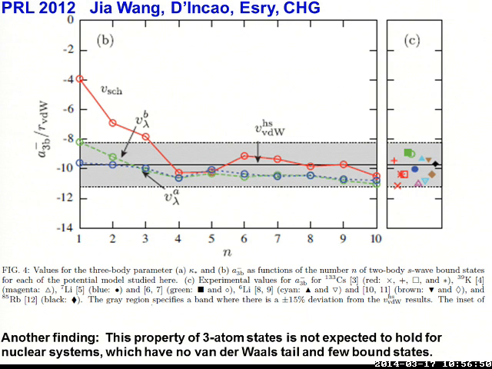Maybe just to add one thing to this. The funny thing for the Lennard-Jones potential is that it doesn't matter how many bound states you have, the effective range is always the same. There's a universal relation between the scattering length and the effective range. So for the Lennard-Jones potential, all these energies have exactly the same effective range, which means they have the same Lennard-Jones length.